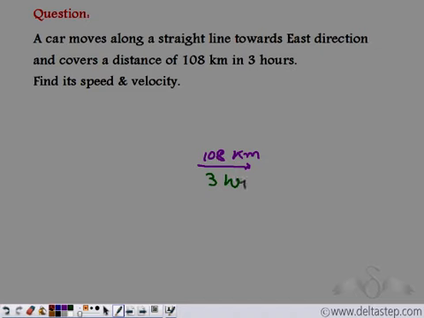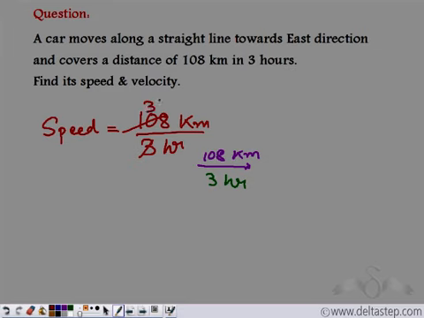What is the speed? Speed is equal to distance by time. Distance traveled is 108 kilometers. Time taken is 3 hours. So we divide it.